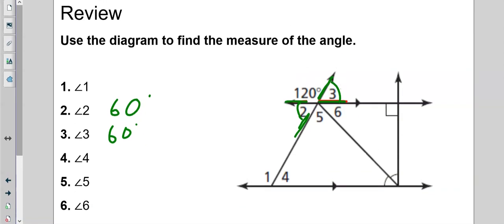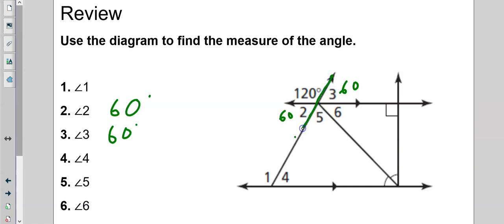All right, I want to point out something to you real quickly here, and it's a common mistake. Let's write in 60 here and 60 here. Some people will look at 5 and 6 and say, oh, well, those are 120 because they're opposite the 120. They're vertical. But think about it. Don't draw this.